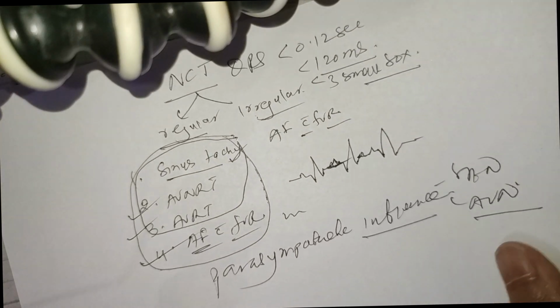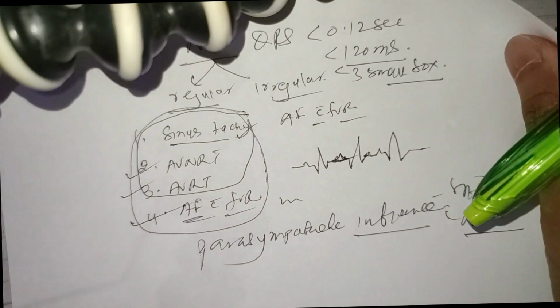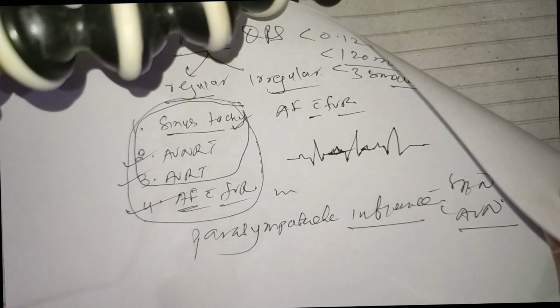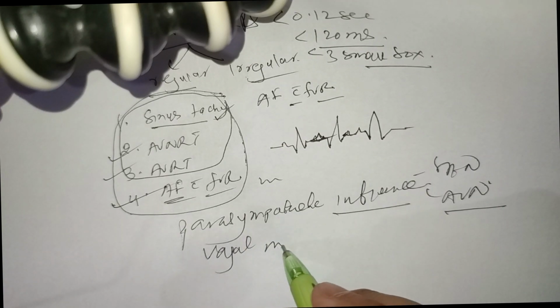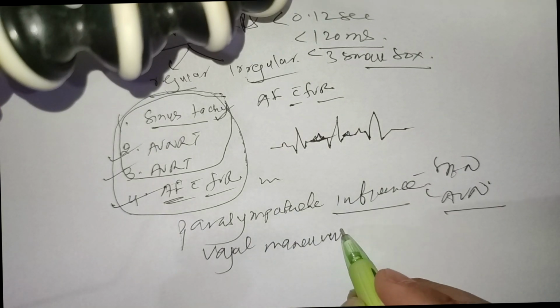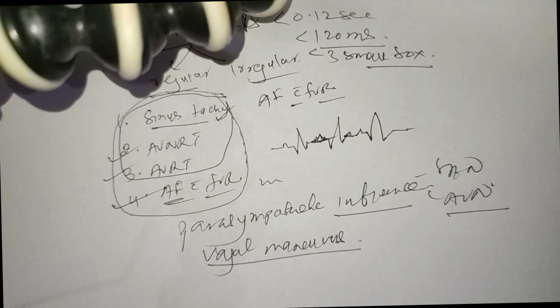So let's say you connected the patient to ECG leads and you did vagal maneuvers, right? There are many vagal maneuvers. I won't discuss the vagal maneuvers in this video because it will be long. There are a variety of vagal maneuvers, like one is carotid sinus massage, right?